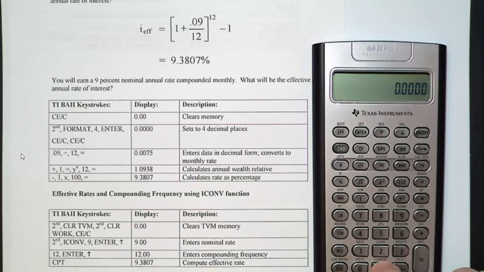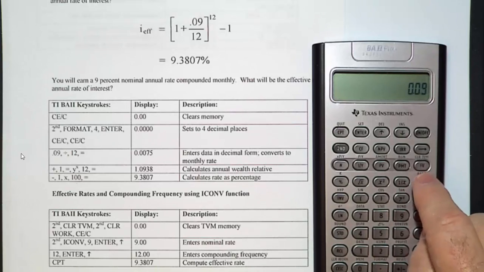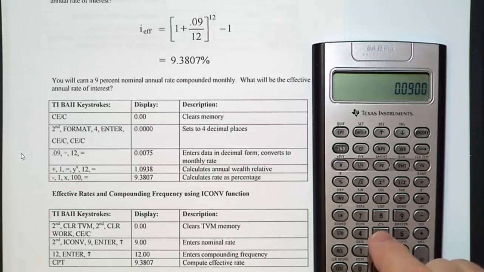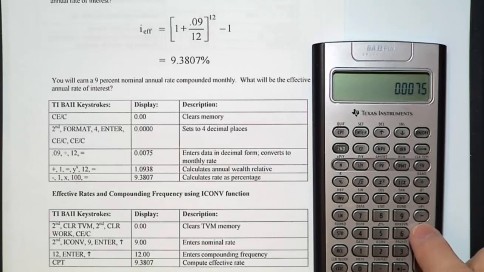0.09 is the rate, 0.09, divided by 12 equals, plus 1 equals, now we have to take this to the 12th power.